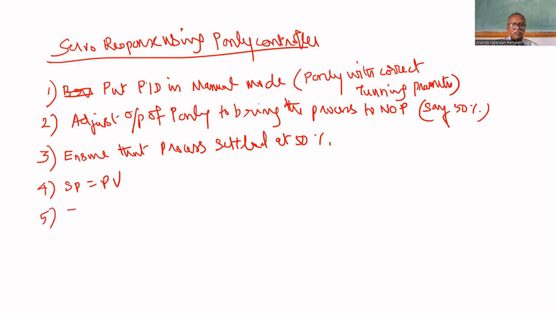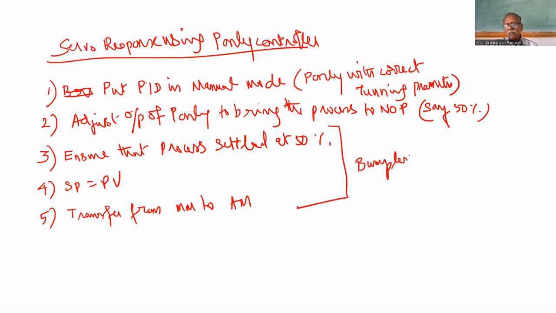Then transfer from manual mode to auto mode. These three steps are called bumpless transfer. Now the process is at closed loop.